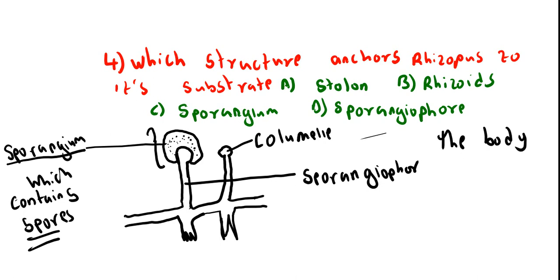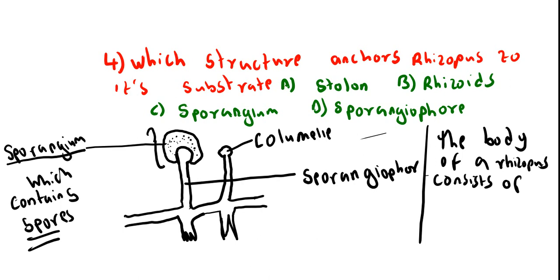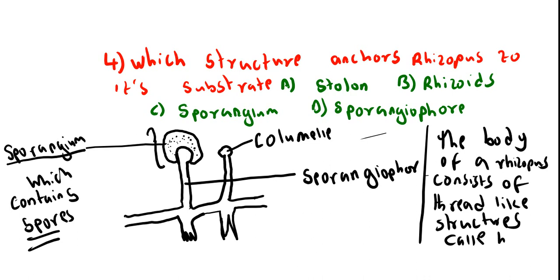The body of a rhizopus consists of thread-like structures called hyphae. These ones are specialized into different parts.